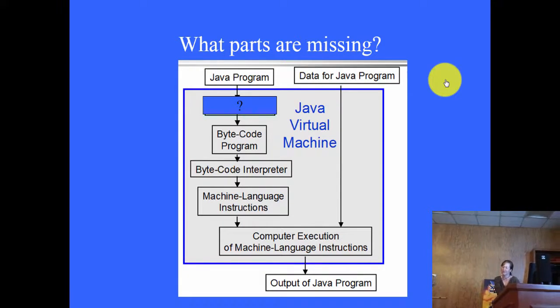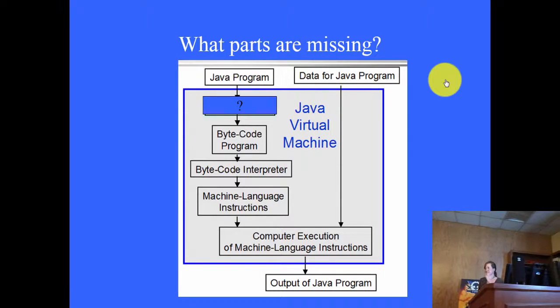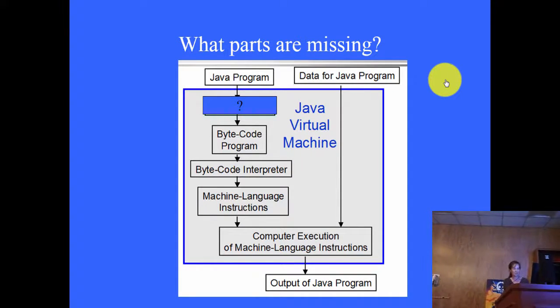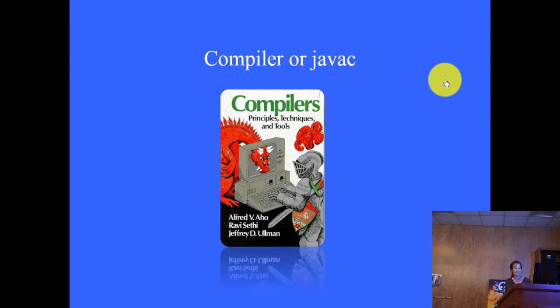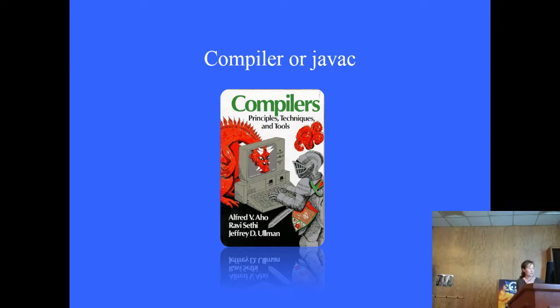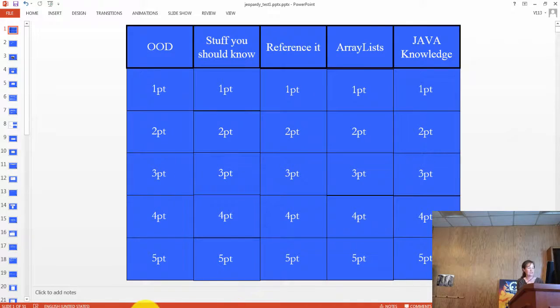Everyone should know this one. What is it, guys? Compiler. Yes. And what's the name of our compiler? If you look at the file name, javac. If you go and look inside of your bin, it's javac. Okay. You guys should all know that. Remember, when we compile, we make Java bytecode.